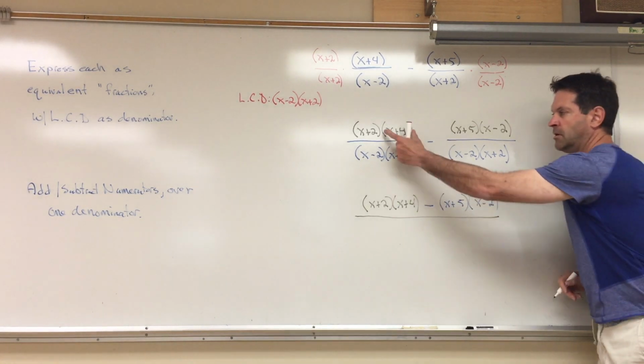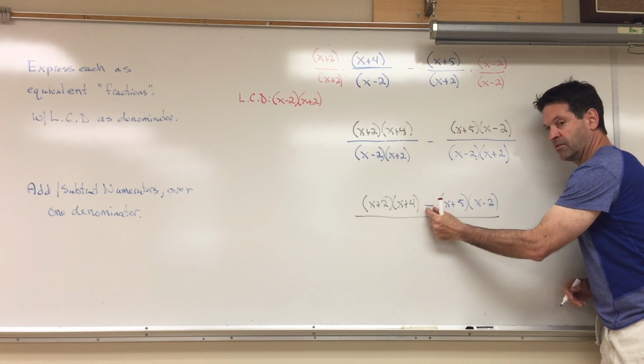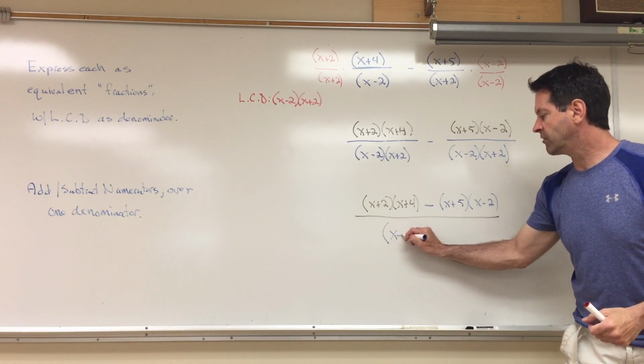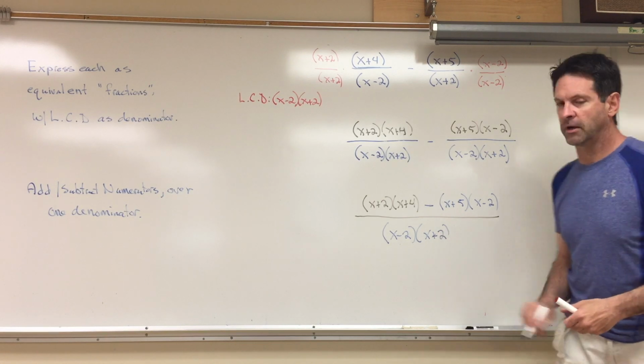So we're taking the numerators and subtracting them. Keep track of that negative sign outside the bracket. Over one denominator: x minus 2 times x plus 2. Leave them in their factored form right now.